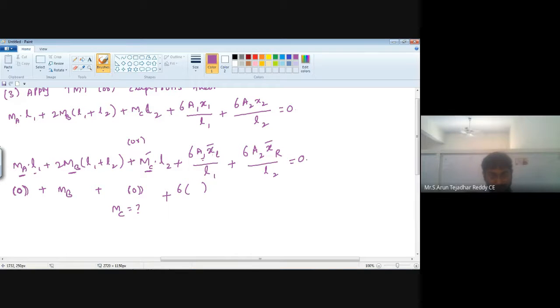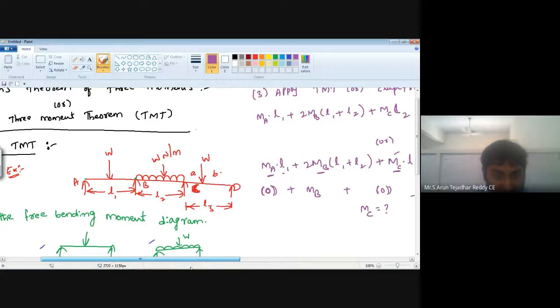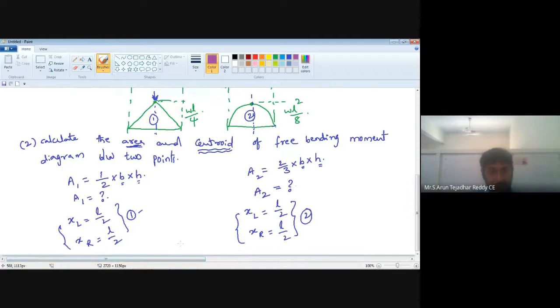Now X1, or else we can say XL bar. It means we already calculated the center of gravity values, but in the equation it is X1, or else we can take it as XL bar.